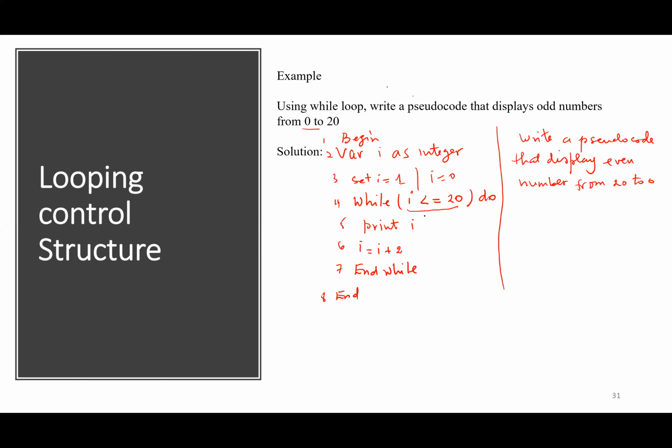But if we start from 1, we will keep adding 2, and you will not see 20. Reaching 20, the condition will fail, so it will end on 19. So 20 is not going to be part of the odd numbers because it's not an odd number.